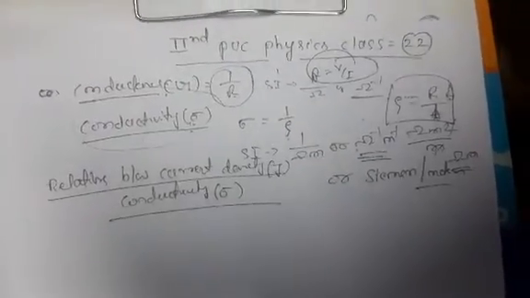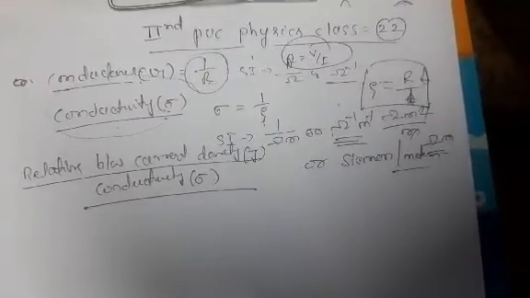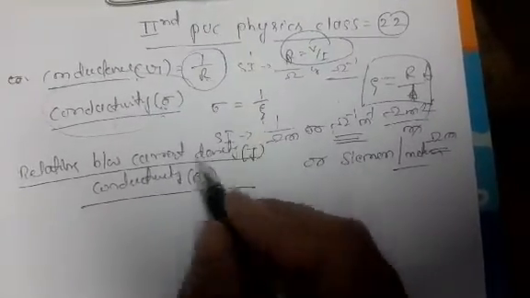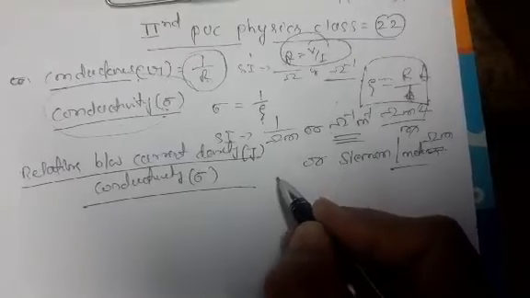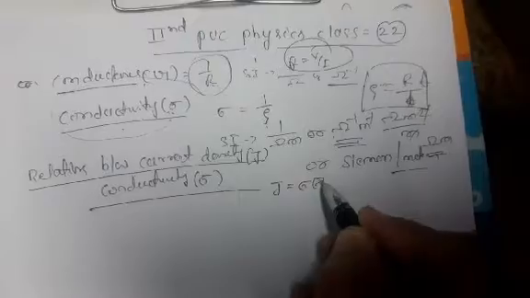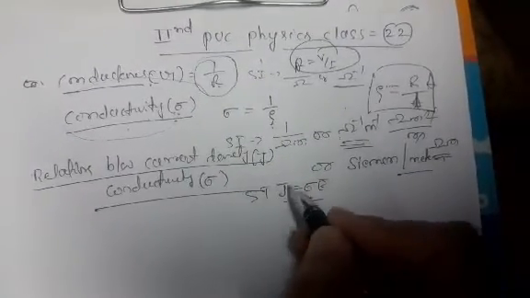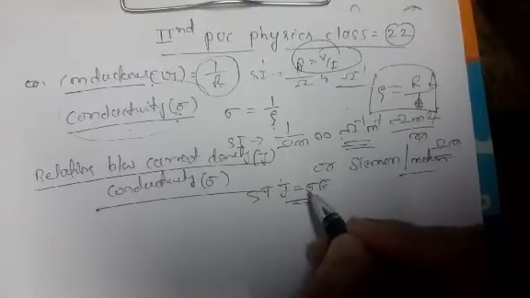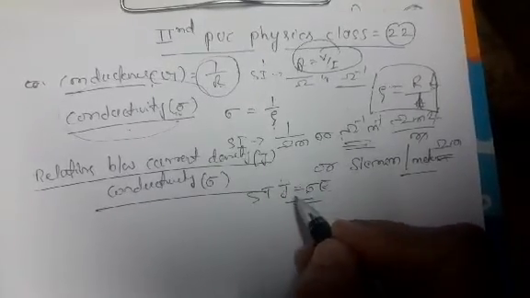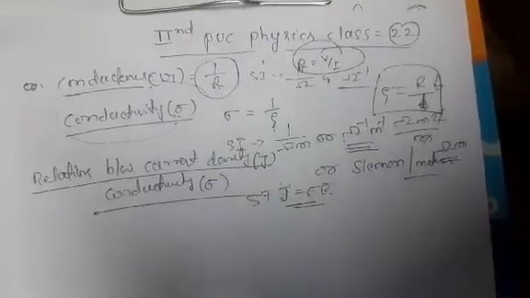Derive the relation between current density and conductivity. The final equation is J is equal to sigma E. That is, current density is equal to the product of conductivity and electric field.